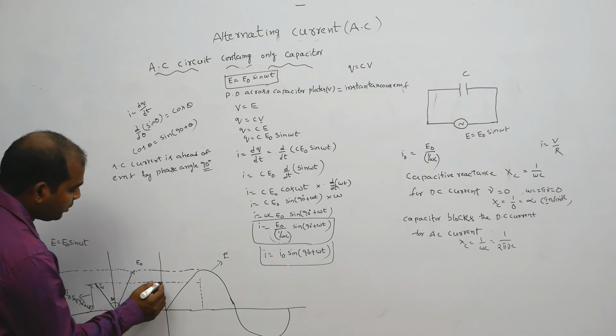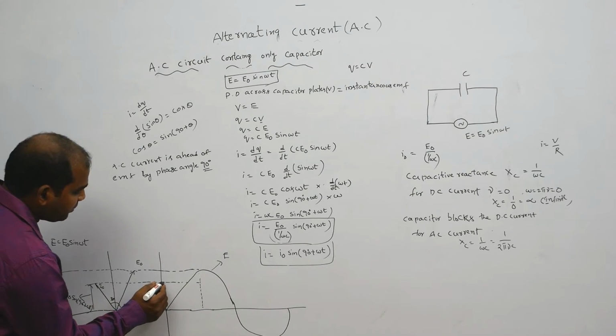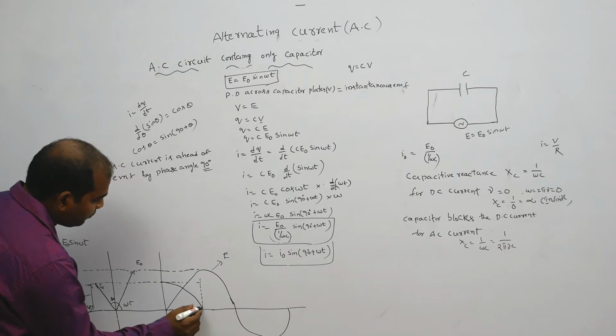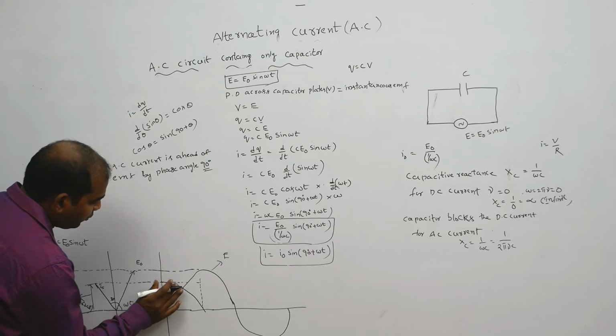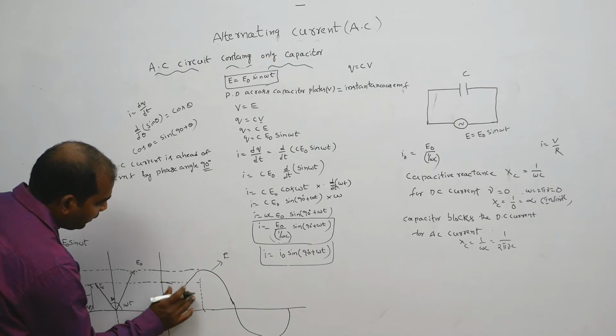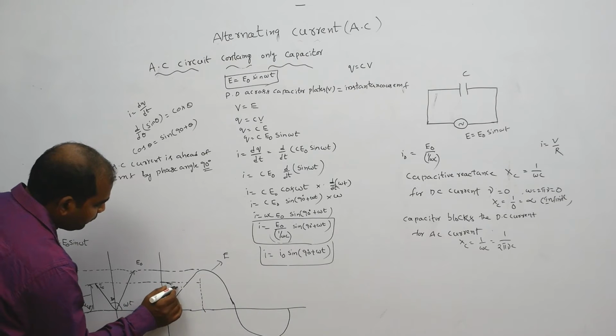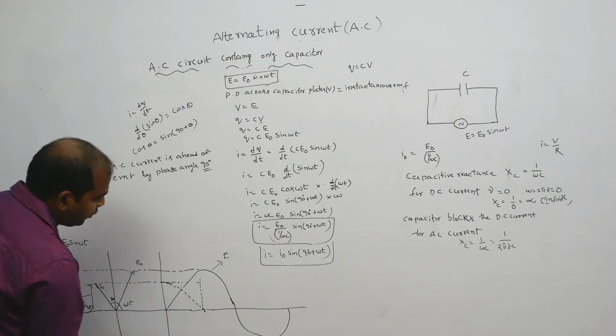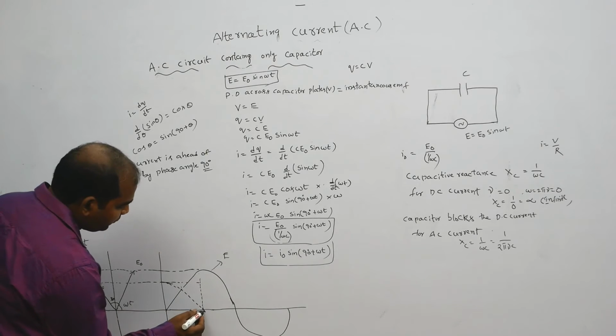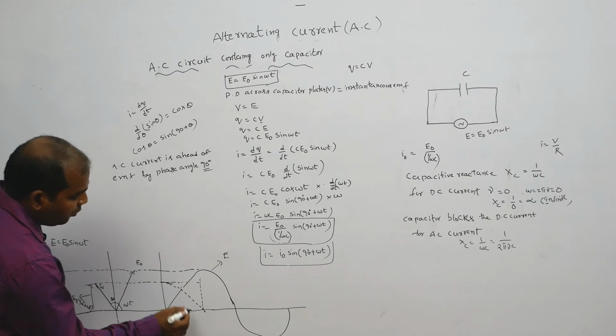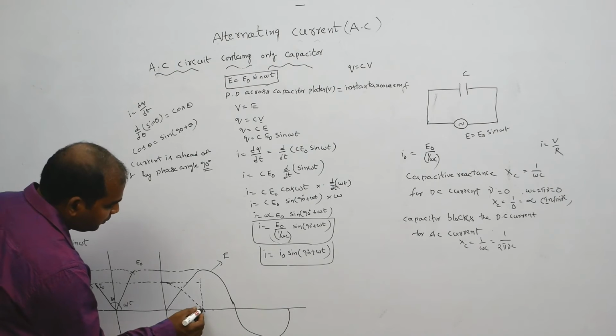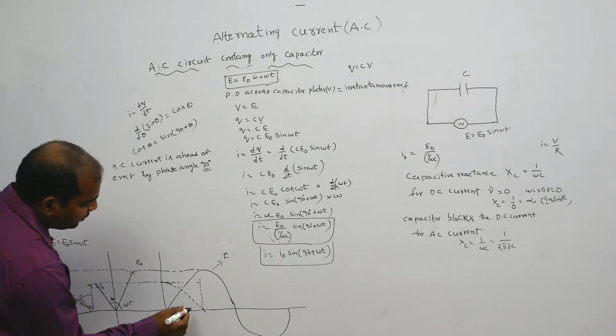So we draw a dotted line here. The quarter of the positive half cycle has already been completed, and the remaining quarter is drawn here.